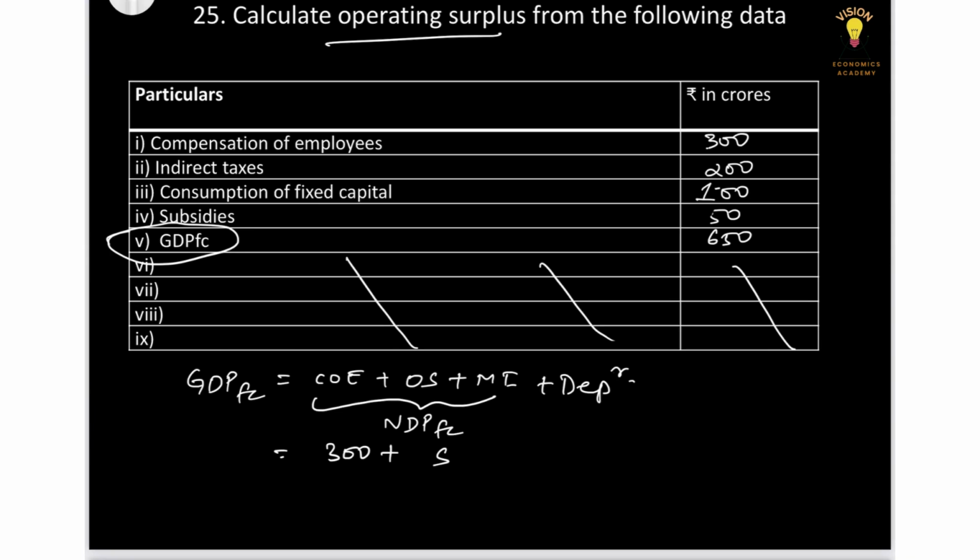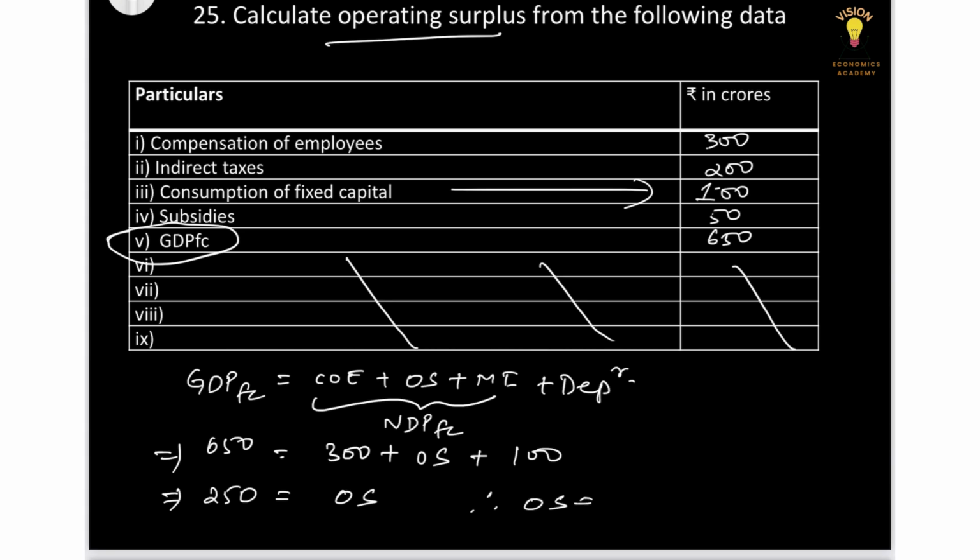GDPFC is already given, 650, plus mixed income is not there, and depreciation is consumption of fixed capital, that is 100. 300 plus 100 will give us 400. 400 coming this side would give us 250. Therefore operating surplus equals 250 crores.